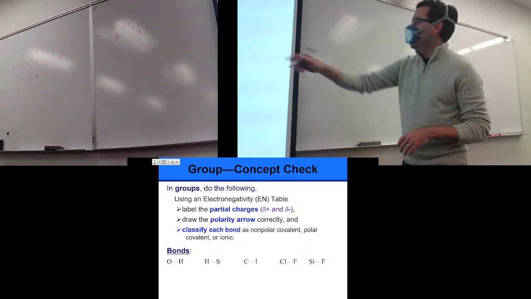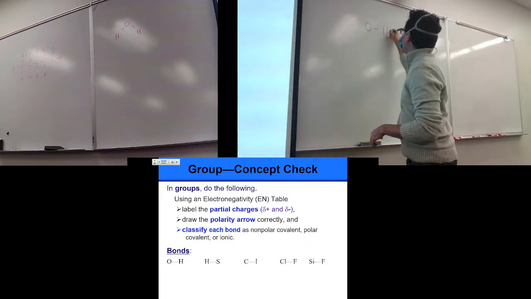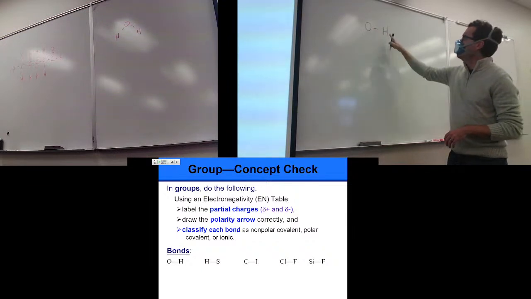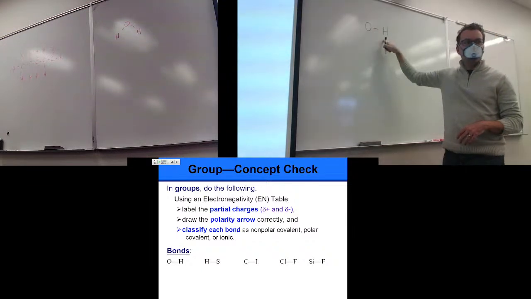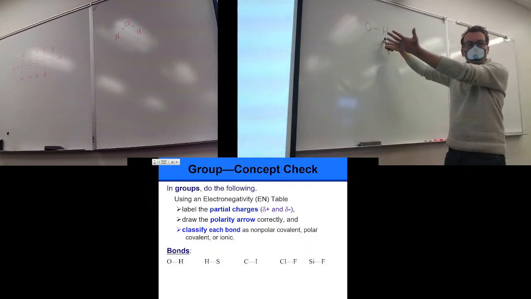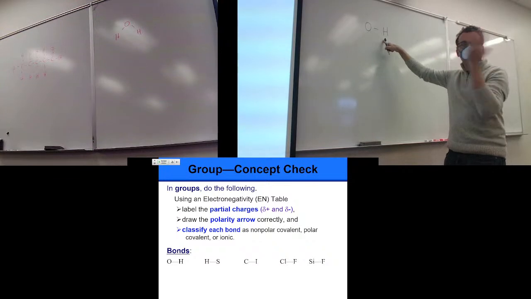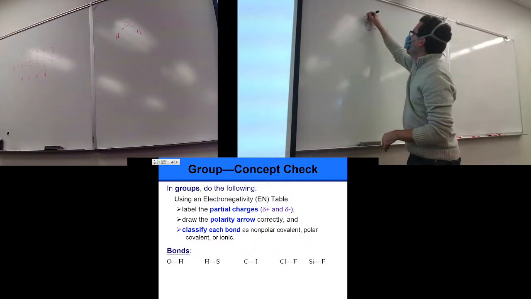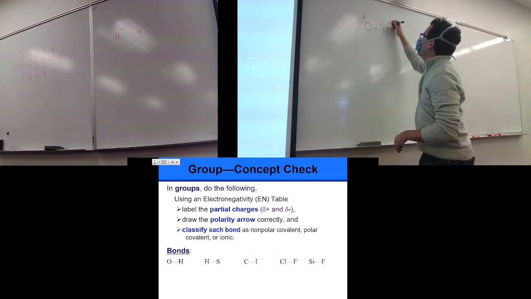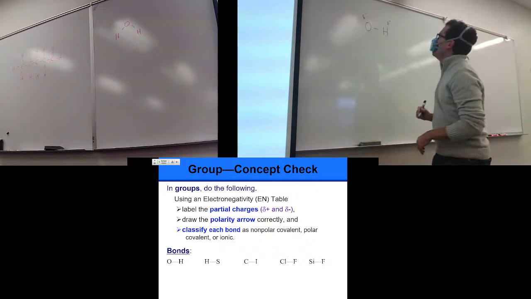So, OH, if I have this bond, I would label the partial charges. Look to see which is the most electronegative atom. I don't have a table in front of me, but I know that oxygen is more electronegative because it's closest to fluorine. So the most electronegative element is going to get the partial negative, and the other one is going to be the partial positive.